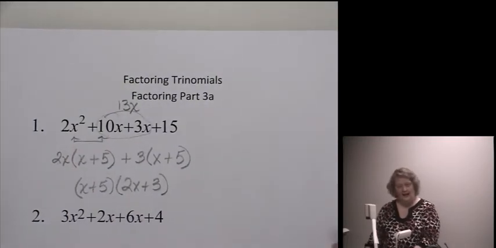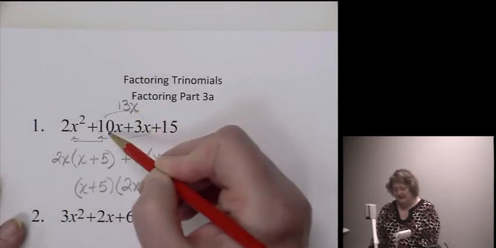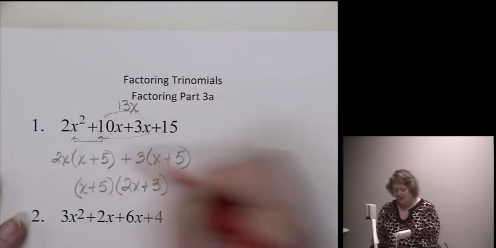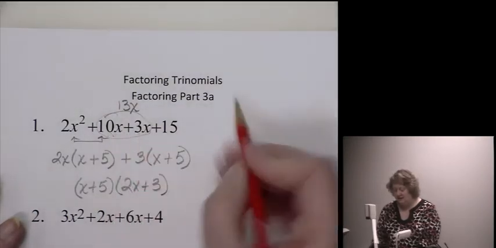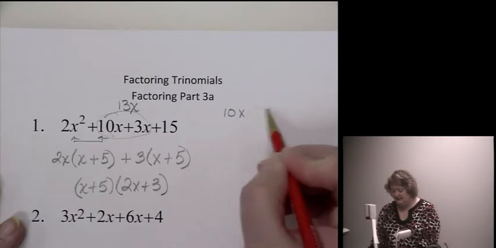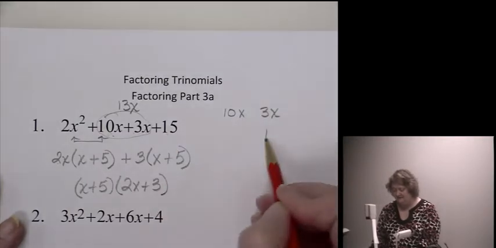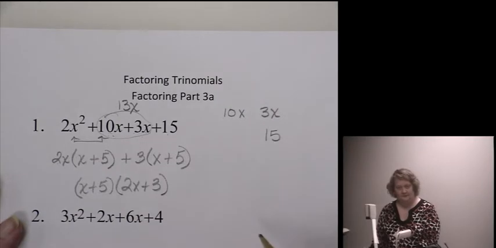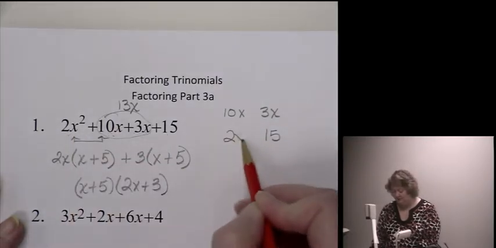Well, how are we going to get from the 13x to the 10x plus 3x that works to give us our factoring? Let's look at that 10x and that 3x. And we have a 15 there, and we've got this 2x squared there.